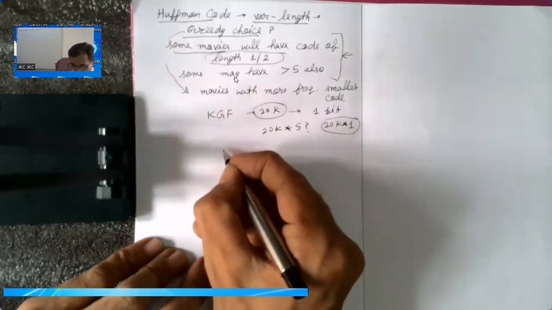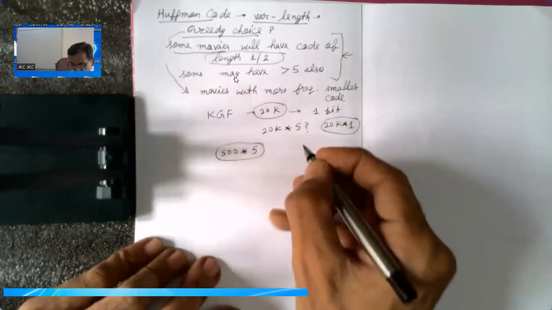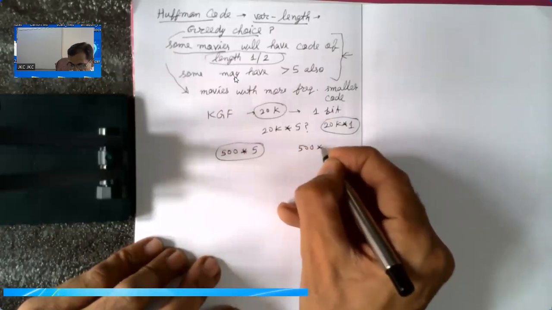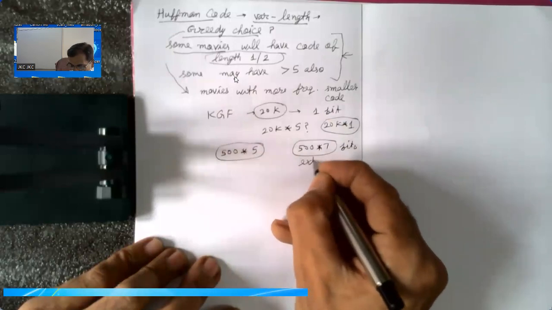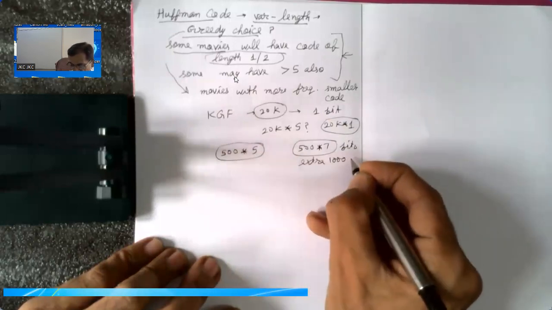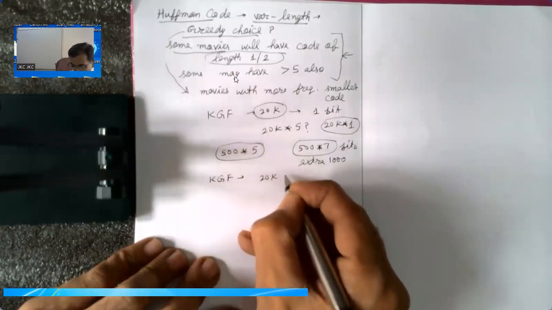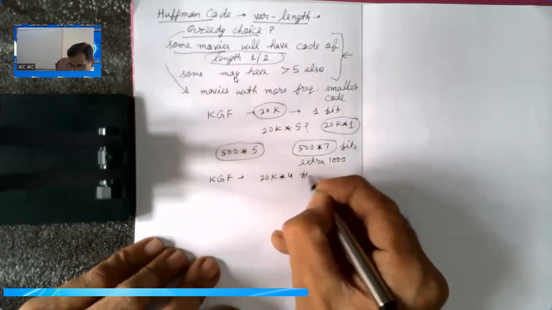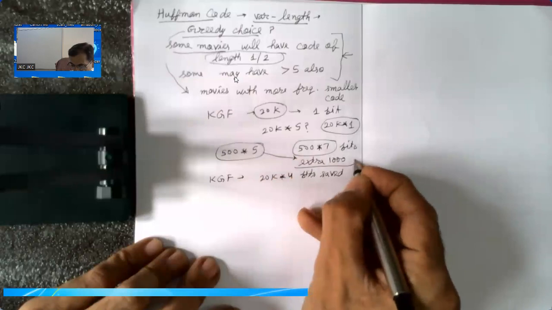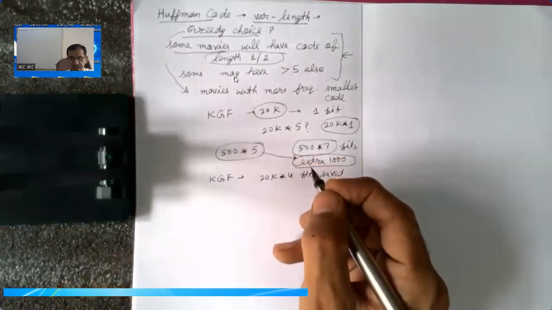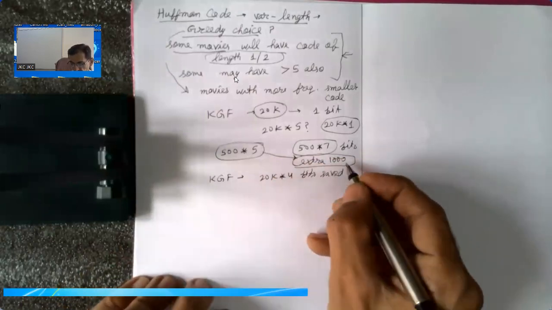On the other hand, if a movie had some 500 entries, earlier I was sending 5 bits for that. Now I will send 500 into 7 bits. So an extra 1000 bits will be sent here, but for KGF, I was able to save 20K into 4 bits. So that is the logic: for lesser frequency, I will have a lengthier code, which will take more bits and some overhead.